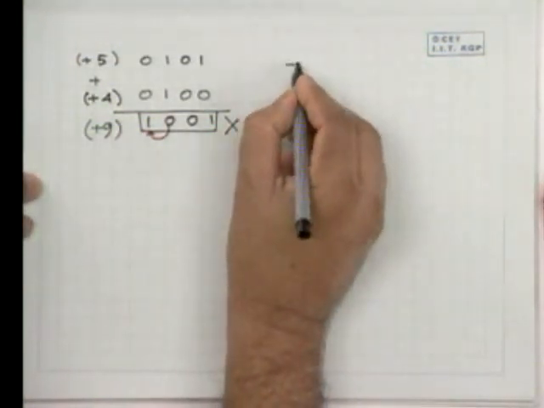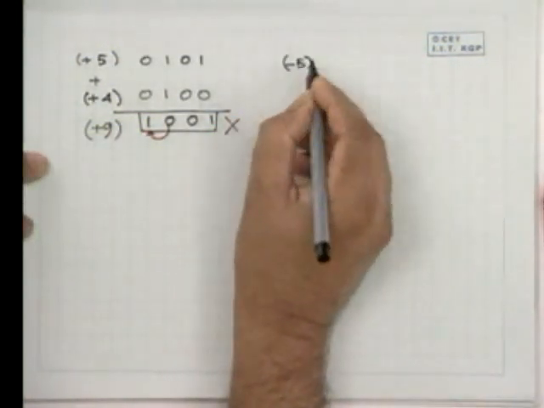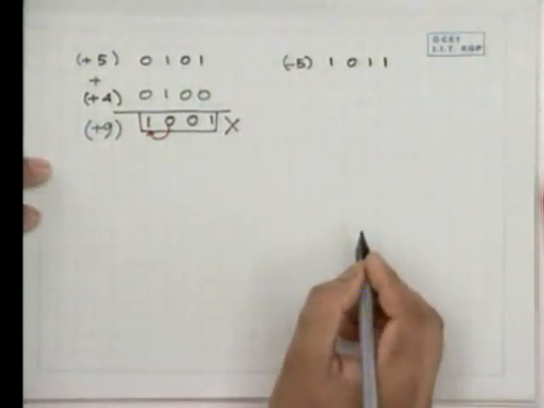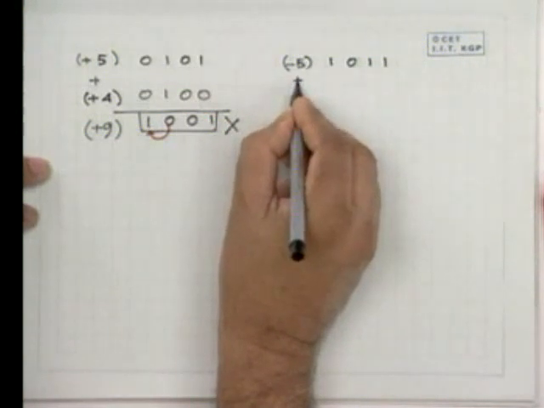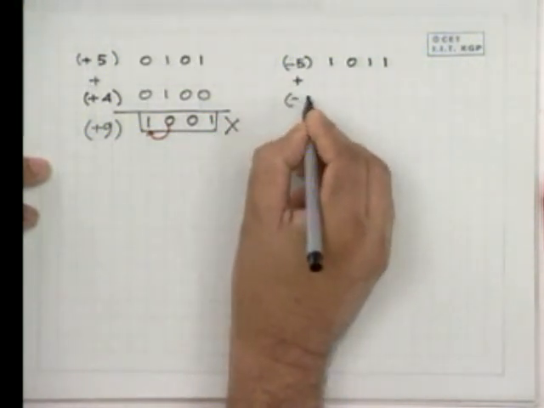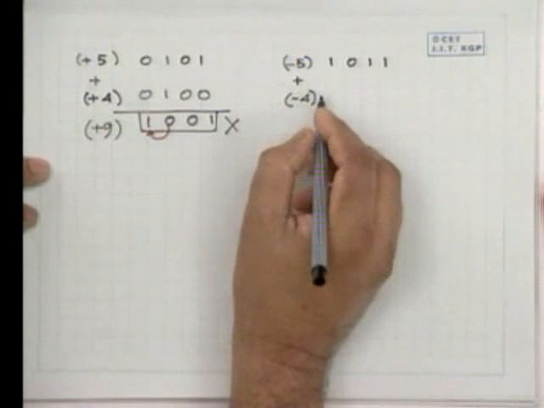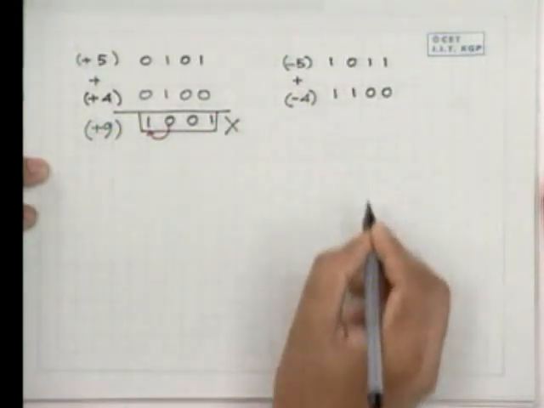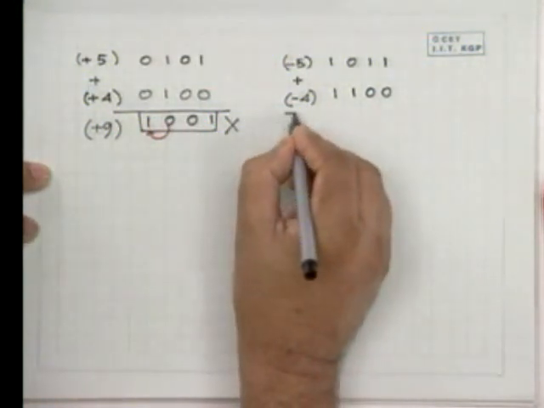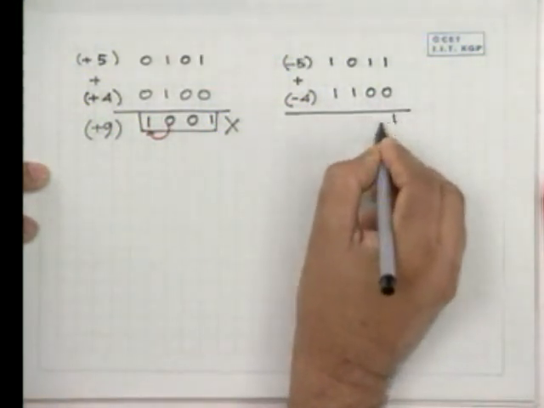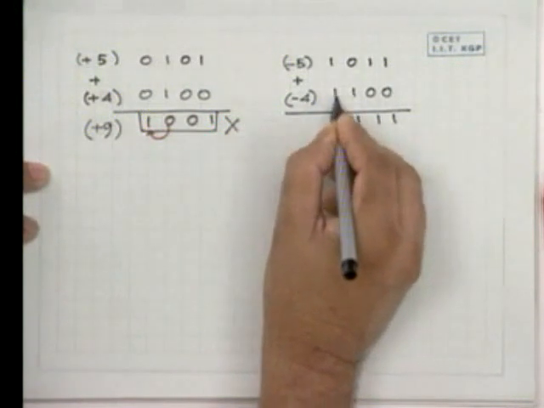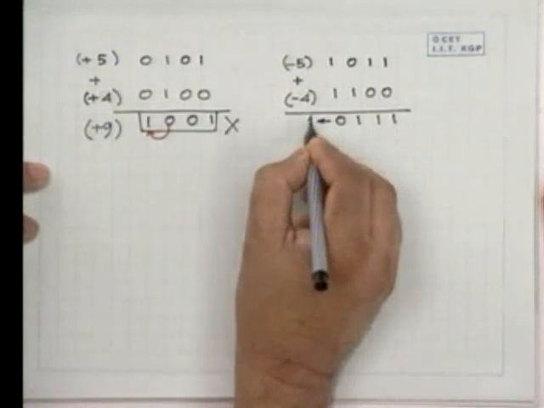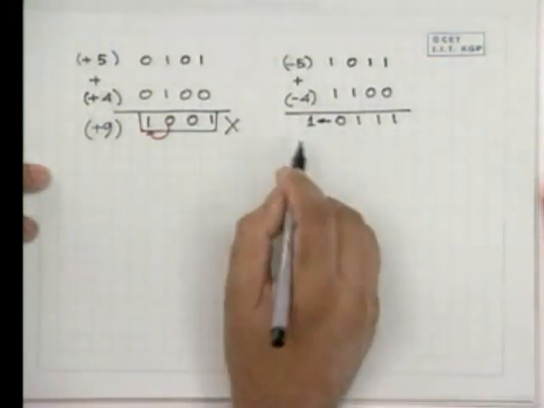Say we take minus 5, which is 1, 0, 1, 1 in 2's complement. Say we want to add with, say, minus 4, that is 1, 1, 0, 0, and if we add now, we get the result 1, 1, 1, 0, and a 1 emerges out of the most significant bit.